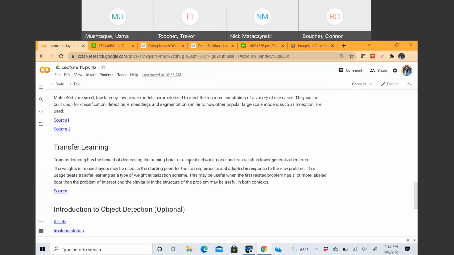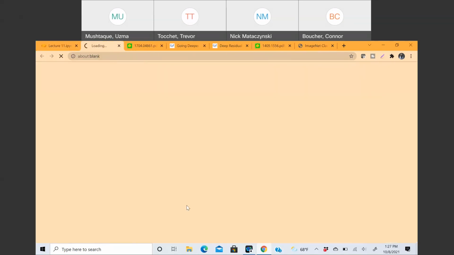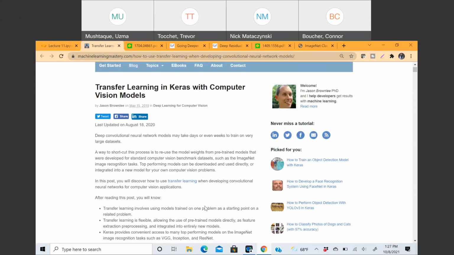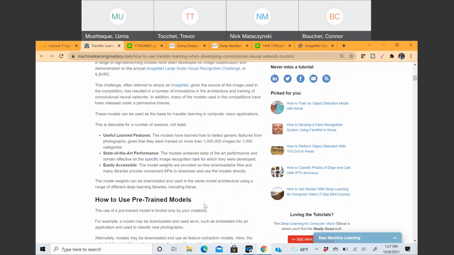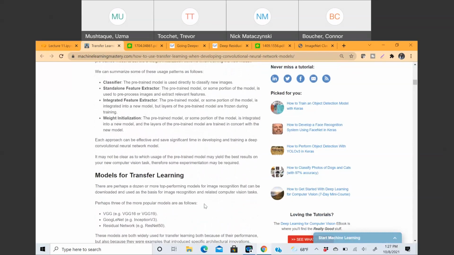And I think this section talks about how to do transfer learning in Keras with some of the known models. I think they talk about 3 different ones, and we have covered all 3 of them, so it'll be easy for you.